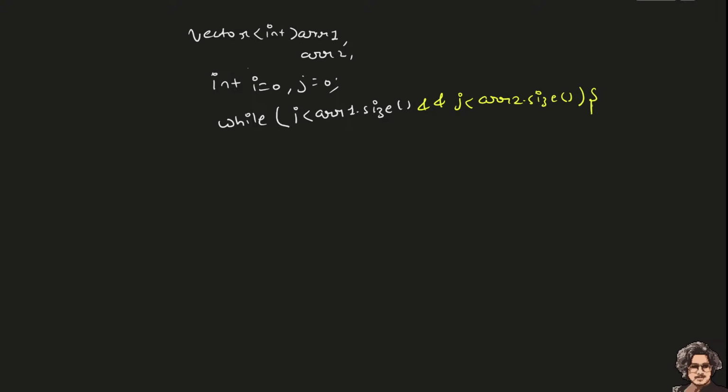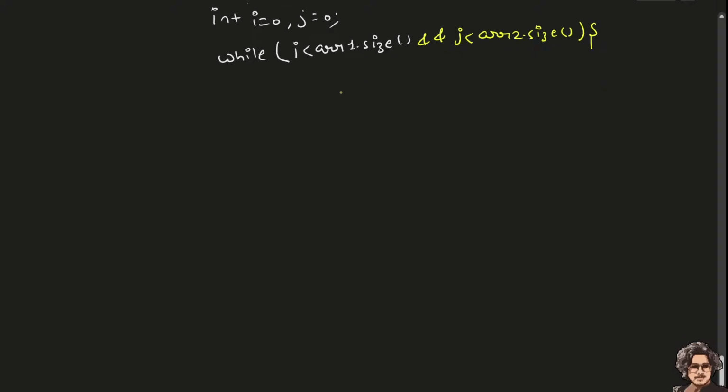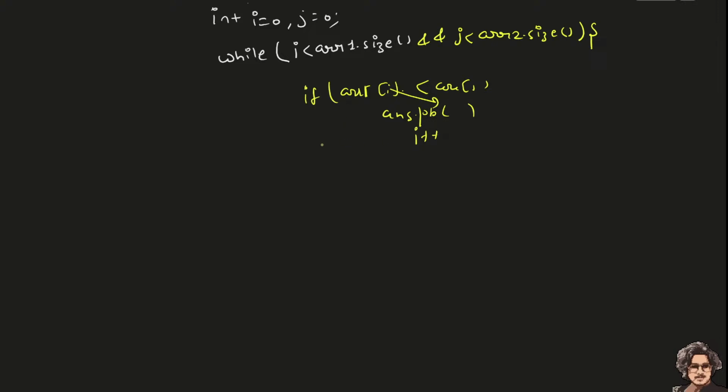So this is clear and this is clear. After that, we check if array1 of i is greater than array2 of j. In that case, we push back that element and i plus plus. Else, we simply do answer dot push back array2 of j and j plus plus.